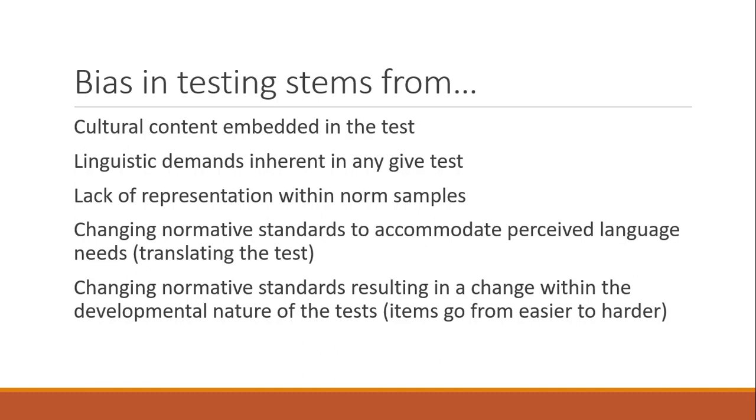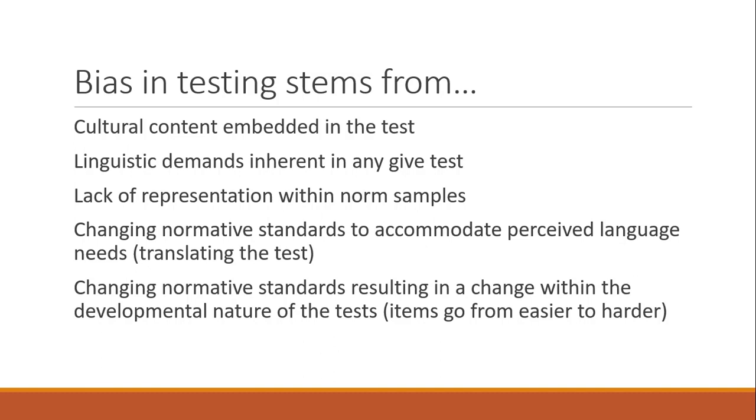Bias in testing stems from putting cultural content into the test. Linguistic demands are inherently different. You just don't even have the kids that you're working with in the normative group. You change some sort of thing about the test so it's not standardized anymore. And when you do that, you don't remember that normative tests start easy and end up hard.